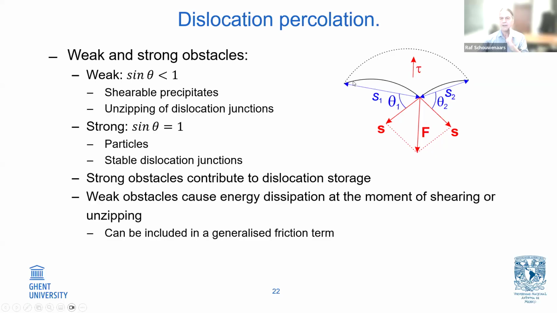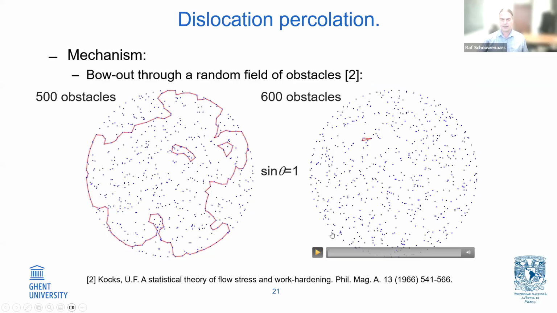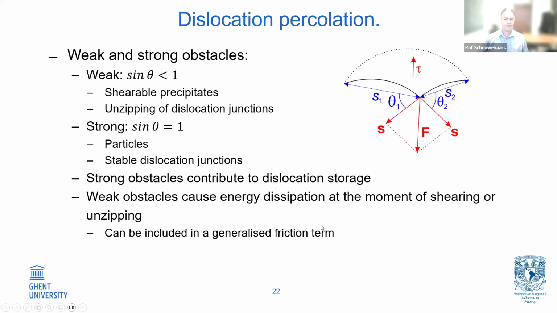They will go to the dashed configurations, but they don't leave extra dislocation segments in their wake. So that's what we've got here, a very short dislocation. We've got it here, expands to a very big one. That doesn't happen with the unzipping, and therefore the weak obstacles can be treated as a friction term. And of course we have to calculate the magnitude of that friction.